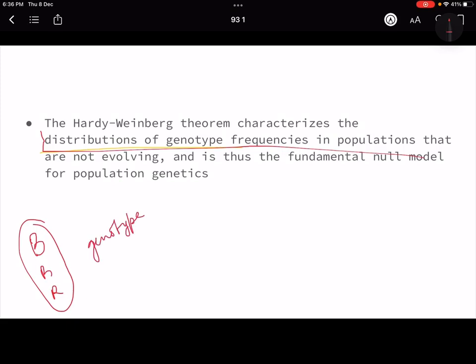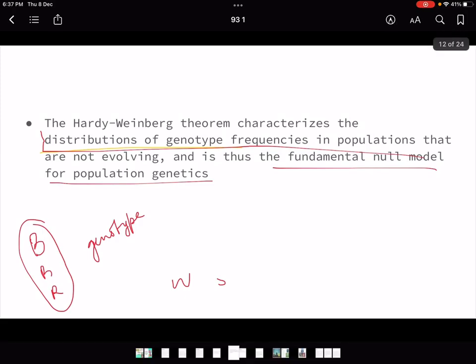Similarly wavy hair, straight hair. All these are different characters, and the distribution of these genotype frequencies in a population is studied with the help of Hardy-Weinberg law, and it is a fundamental null model for population genetics. I'll tell you why it is a fundamental null model. Now do not focus on that.